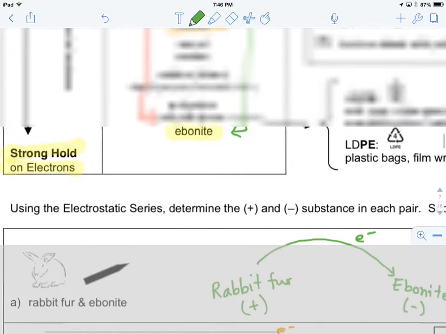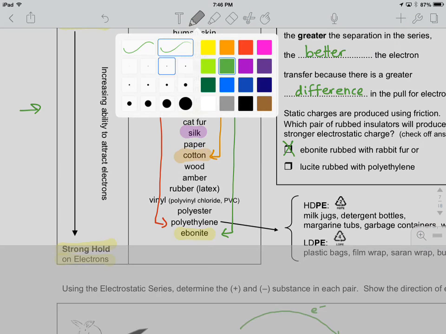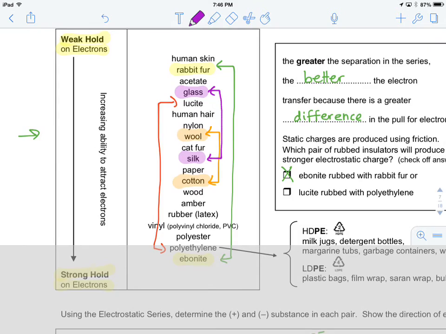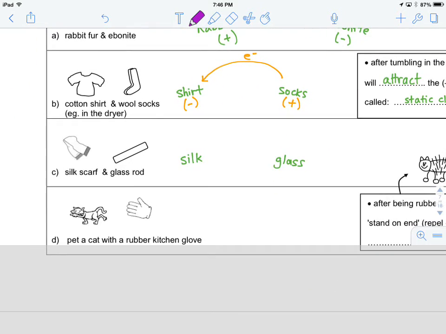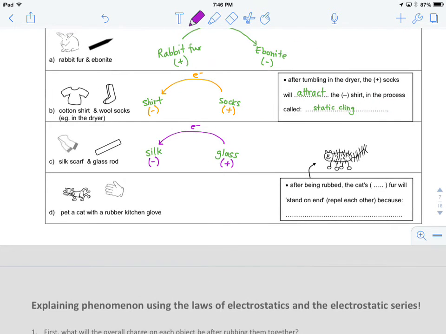And when we go up to our electrostatic series, we'll say here's silk right in the middle, here's glass up here, and we notice its separation is what it is, and we say, okay, well, the glass has a very weak hold on electrons, so the glass picks up its positive charge. The silk has a stronger hold on electrons, it picks up a negative charge, and we get electrons that flow from the glass to the silk.